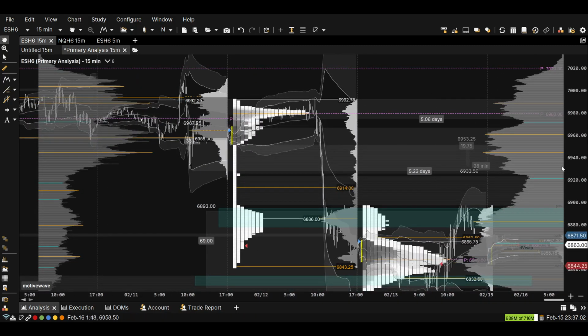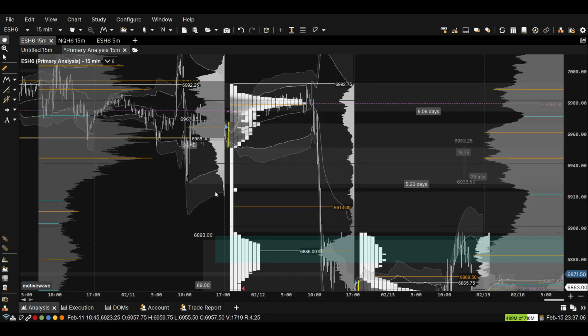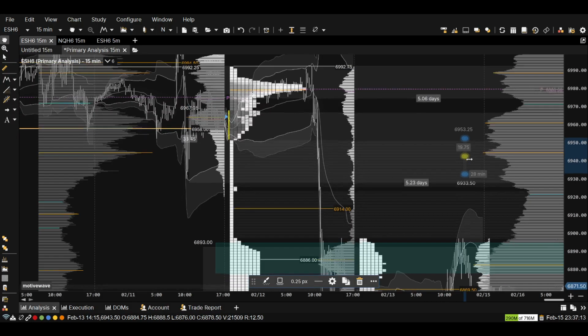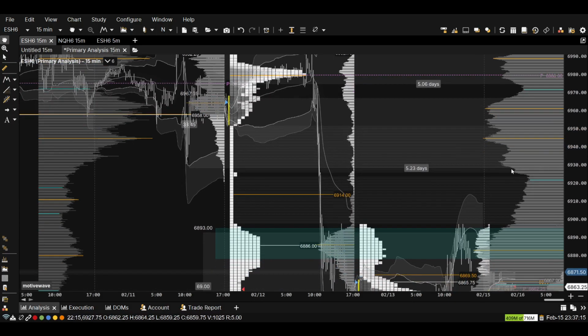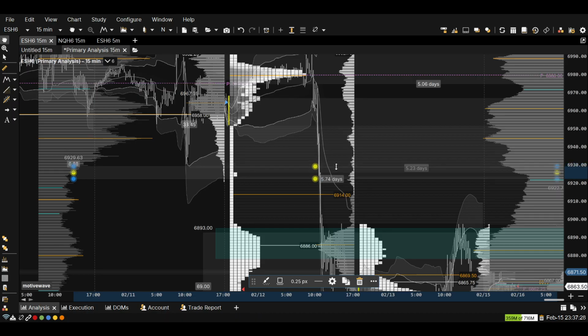If we accept, see this is very important, if we accept above this high volume node, above the low of this high volume node here, we could see through the shelves.